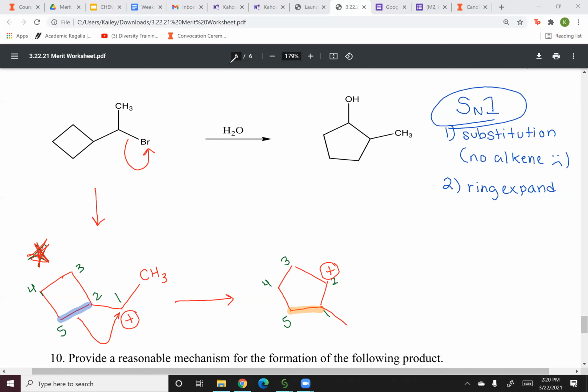And then at this point right here, we could potentially think that maybe a hydride shift would happen, because we could have a hydride shift to form a more stable carbocation. But in this case, we know that a hydride shift is not going to happen because our nucleophile attaches to a secondary alpha carbon.